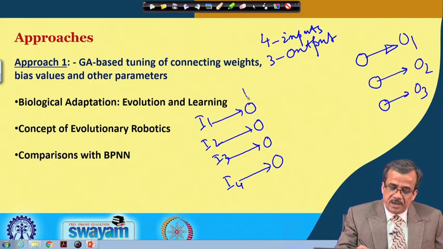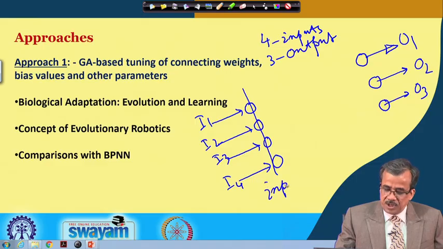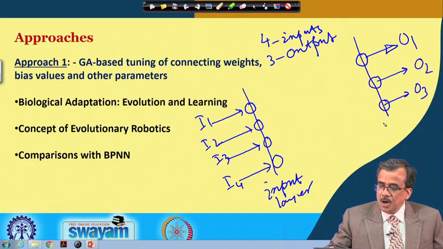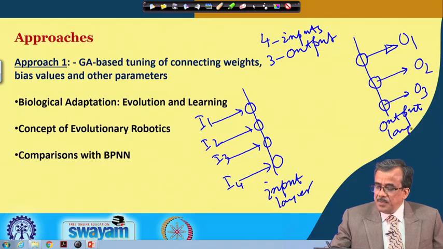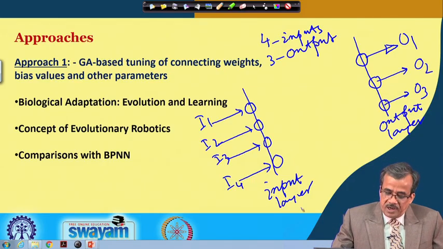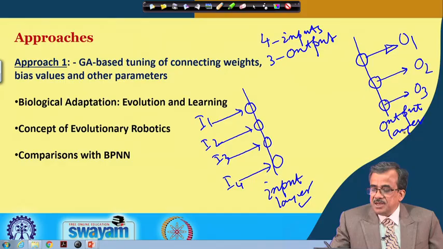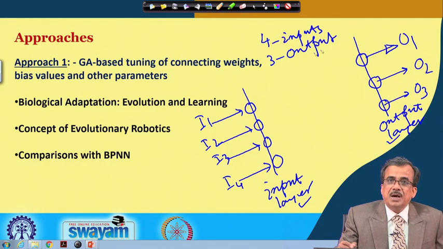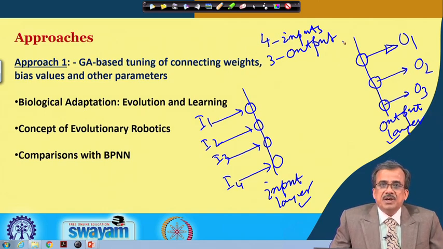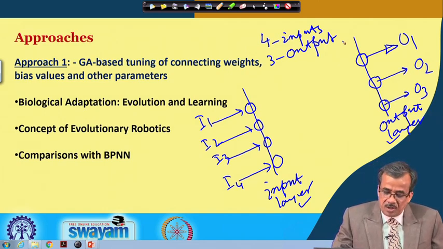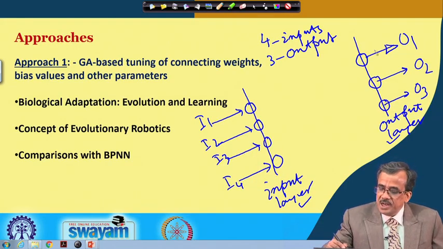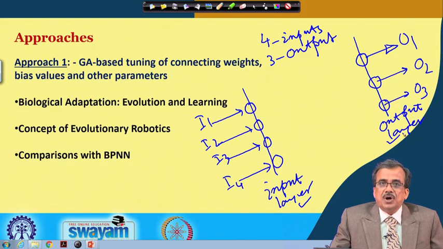Now, this is the input layer of this network, and this is the output layer of this particular network. Now, the number of neurons present on the input layer and on the output layer are kept fixed to the number of inputs and the number of outputs of the process to be modeled respectively. That means, here on the input layer there will be 4 neurons, on the output layer there will be 3 neurons.